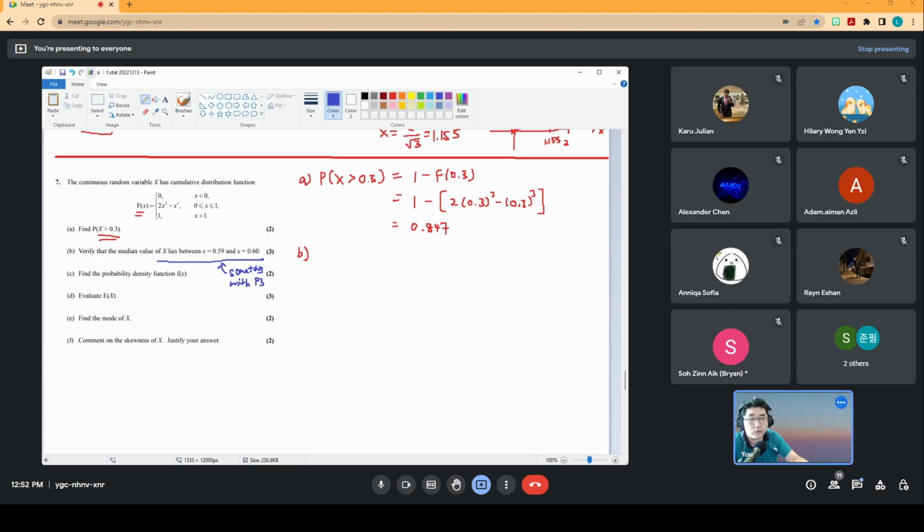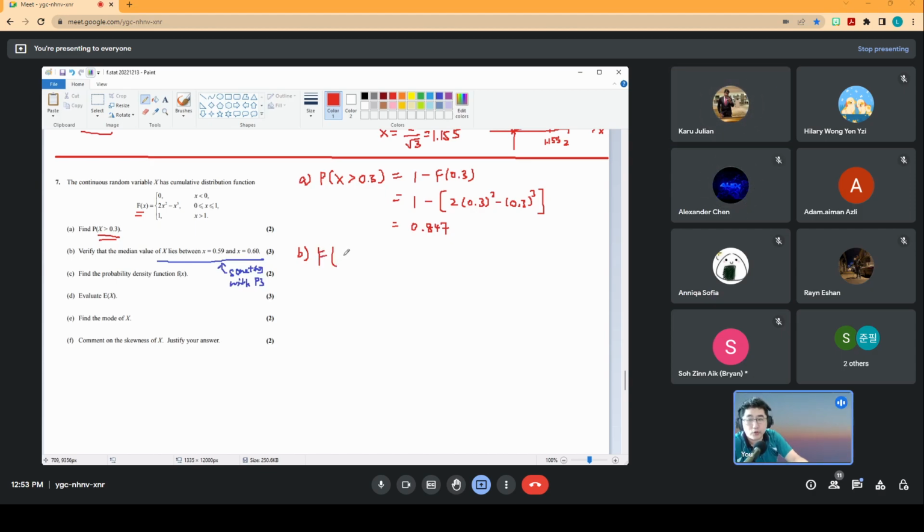How do we actually solve this problem? We just substitute both of the x values into the function. Into where? 2x squared minus x cubed.